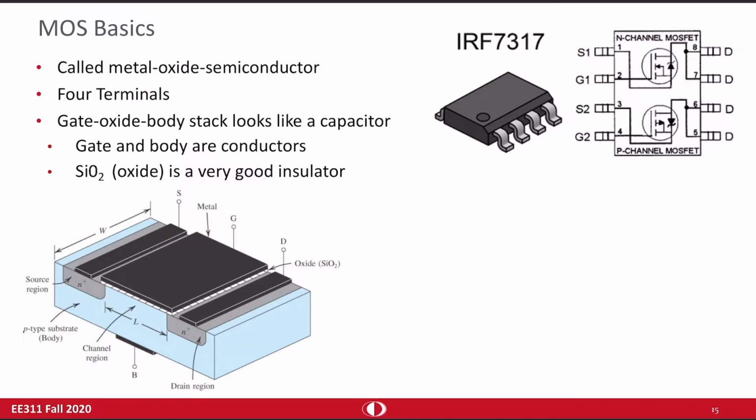So MOSFET is, as the name implies, a metal oxide semiconductor device. That's why we call it MOSFET. It has four terminals. Most of the time we use three of them. We ignore the bulk connection, but it has four terminals: source, gate, drain, and bulk.